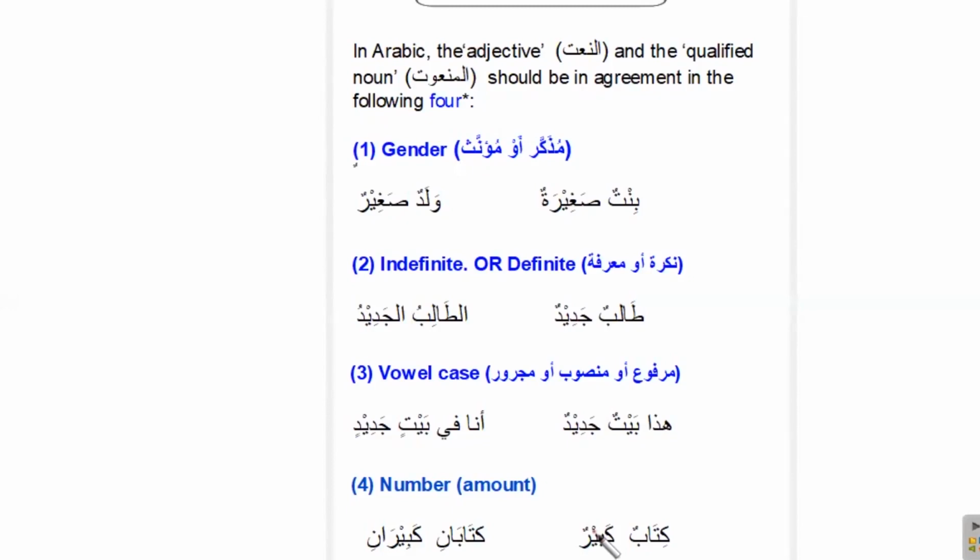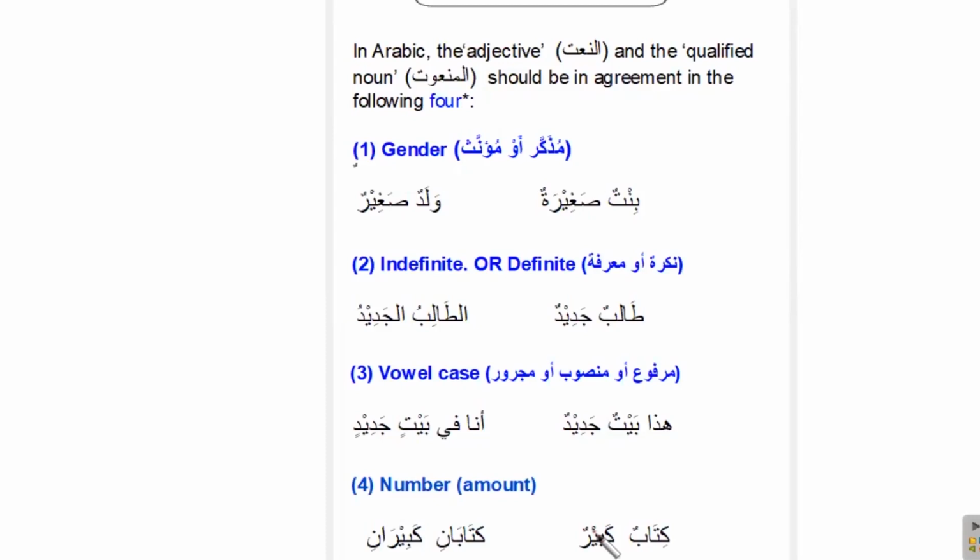For example, new student, new students, new book, new books, new pen, new pens, new school, new schools. In English, when you are describing in terms of number, it doesn't matter whether it is one, two, or plural. You use the same adjective for it.